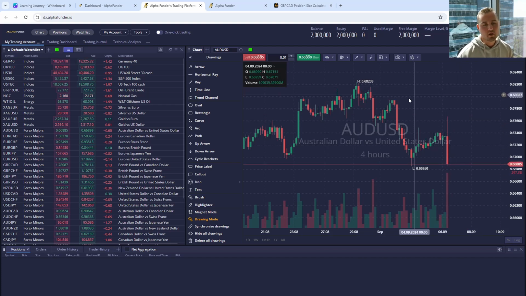Now with hedging, what we could do here, if we're talking about currency pairs, is if AUD USD is pushing down and we have a potential USD CAD short opportunity, then we could potentially take that as a hedge. Remember what I said before: if AUD USD is pushing down, what would USD CAD likely do?